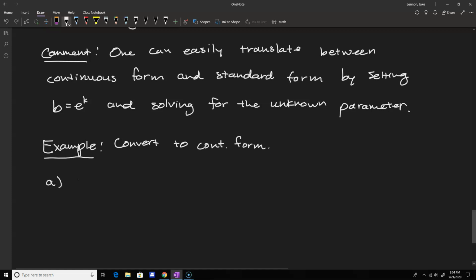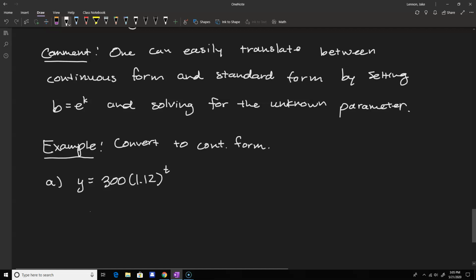For A, let's say we have y equals 300 times 1.12 to the t. Again, if you see a function like this in standard form, you might want to ask yourself, what is the percent change? Is it growth? Is it decay? So this example is growth, and it's growing by 12% per unit time step.